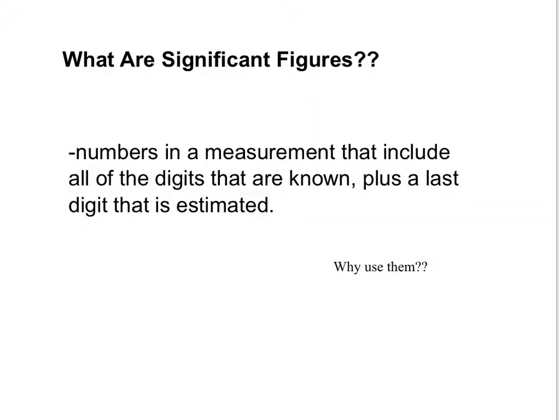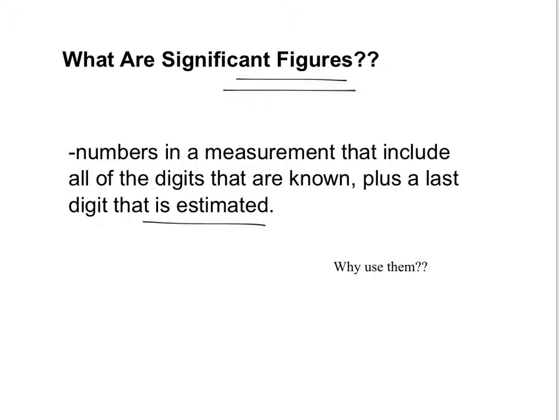All right, so now it's time we get into what significant figures are. And by the way, these are going to stick with us all year long. This is going to be something we constantly refer to as sig figs. What they are is the numbers in a measurement that include all of the digits that are known plus a last digit that is estimated.